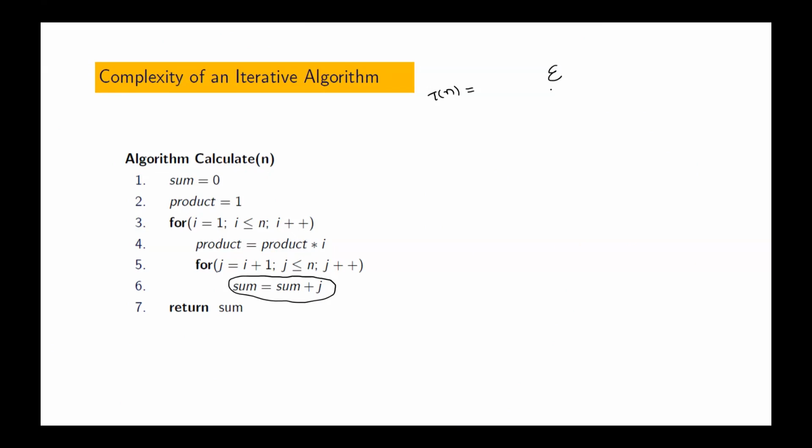Directly, for j equals i plus 1 to n, one time it is performed. This entire value is performed for each value of i from 1 to n. Now you tell me what this value is. It is n minus i.